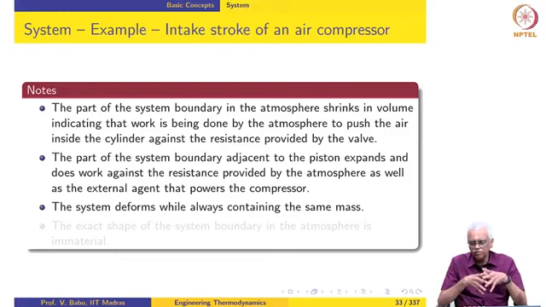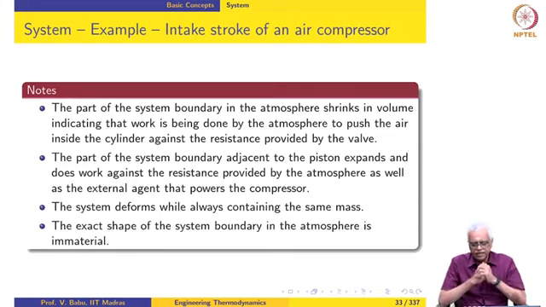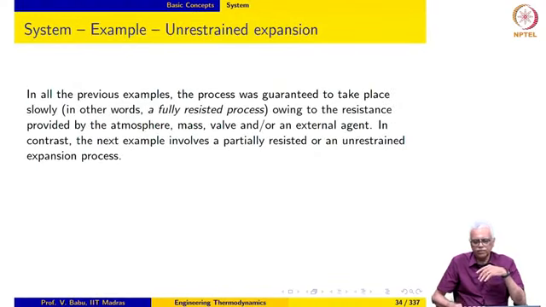So, the system deforms while always containing the same mass. It deforms in such a way as to contain the same amount of mass, and once again the exact shape of the system boundary in the atmosphere is immaterial, and this is something that we will justify later on.